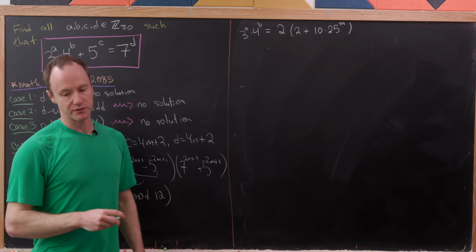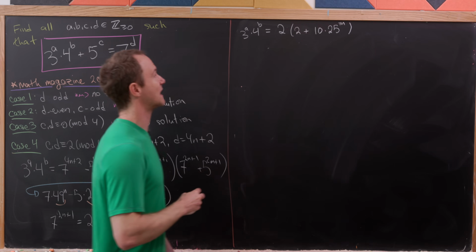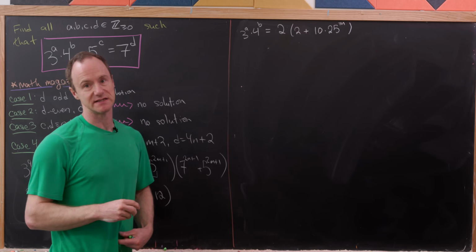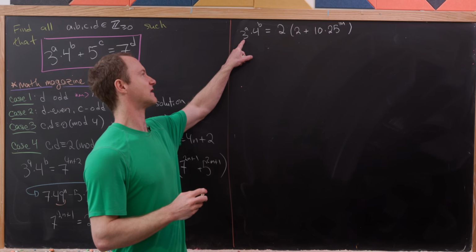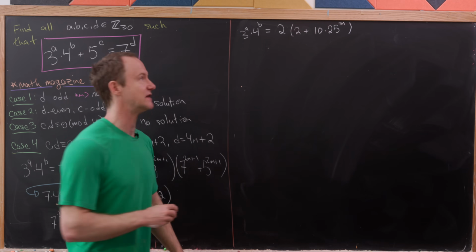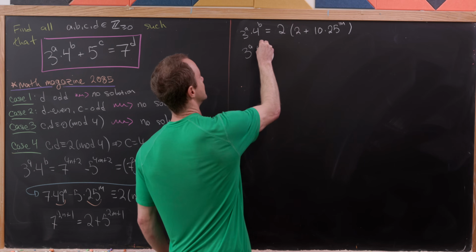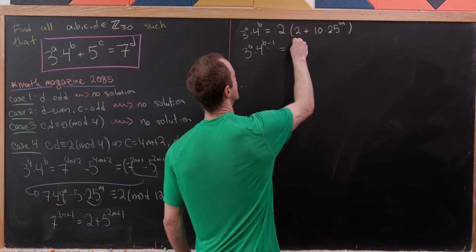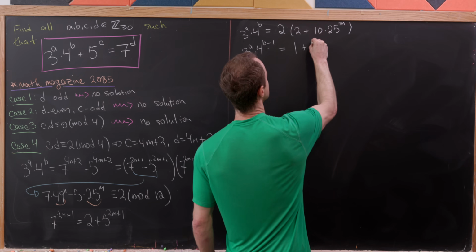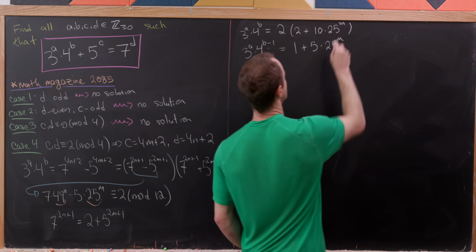But now what I want to do is divide both sides by 4. I guess I'm assuming here that b is not 0, but I think it's pretty clear that b is not 0, because that would make the left-hand side odd, but the right-hand side even. Okay, so dividing by 4, we have 3 times 4 to the b minus 1 is equal to 1 plus 5 times 25 to the m power.